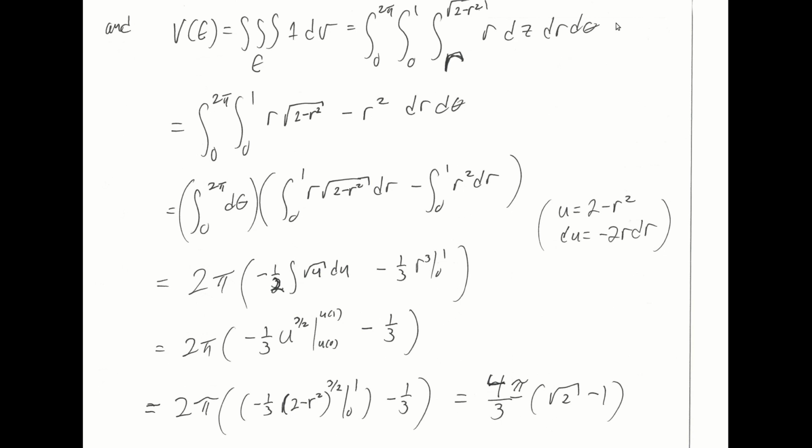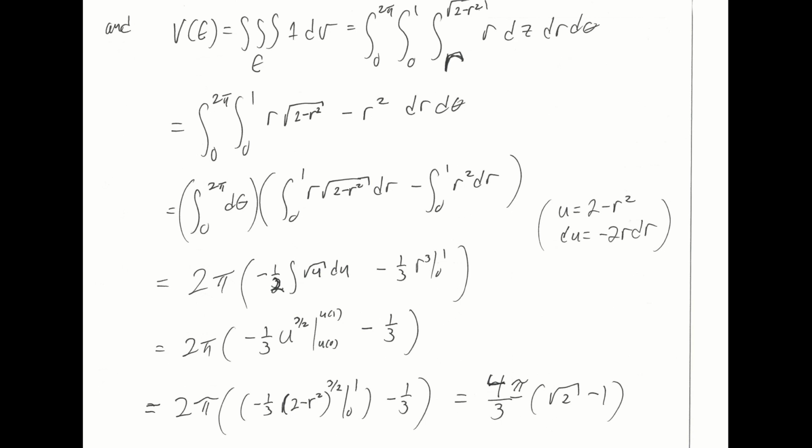Theta is going from 0 to 2 pi, r is going from 0 to 1, and z is going from r to this square root expression. We also introduce an extra factor of r into our integrand that is part of the dV expression in cylindrical. So that comes into play when we rewrite dV as r dz dr d theta.